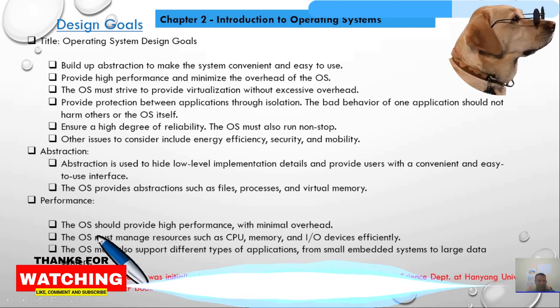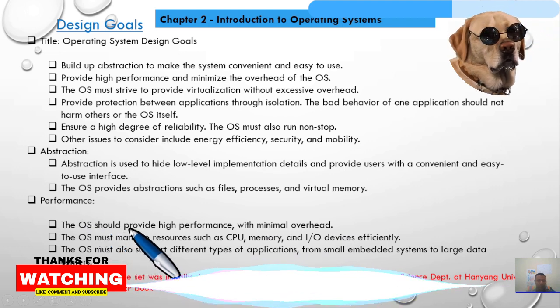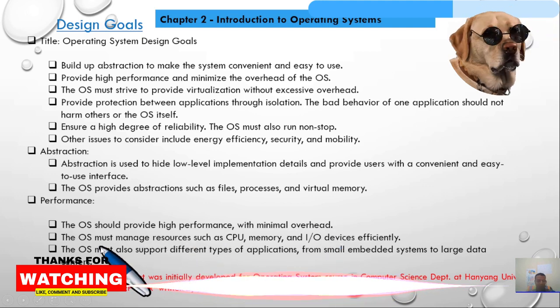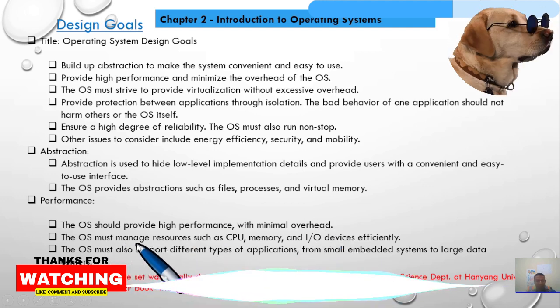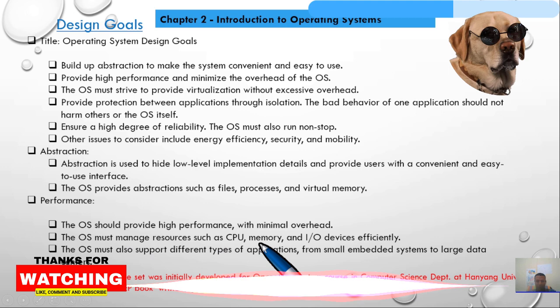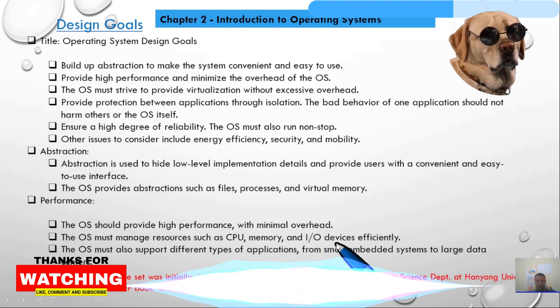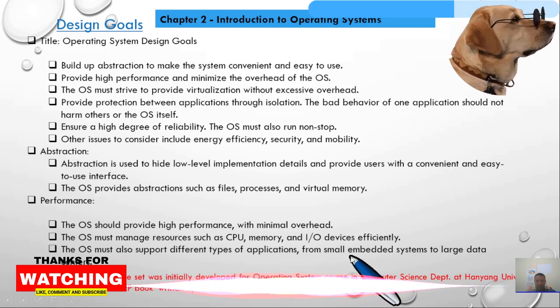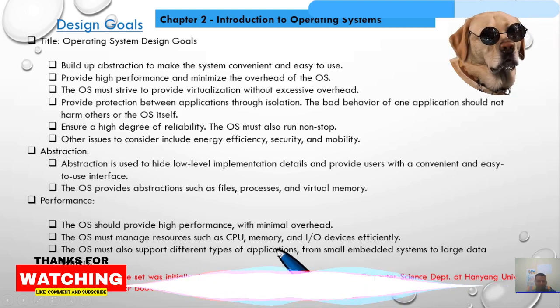Concerning performance, the operating system should provide high performance with minimum overhead. The operating system must manage resources such as CPU, memory, and input-output devices efficiently. The operating system must also support different types of applications, from small embedded systems to large data centers.